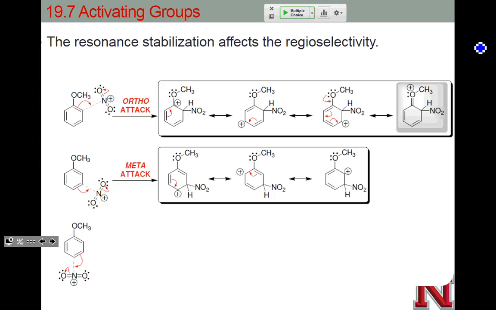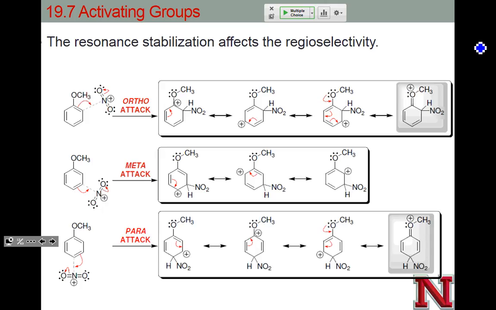Now in the meta position, just like before, the positive charge is never directly next to the carbon that has the lone pair next to it, so we don't get that extra good resonance structure. In fact, because we can't push electron density into the ring through resonance, the fact that this is electron withdrawing based on induction is winning, and this is even a little bit more unstable than the CH3 meta, because the CH3 meta is electron donating through induction.